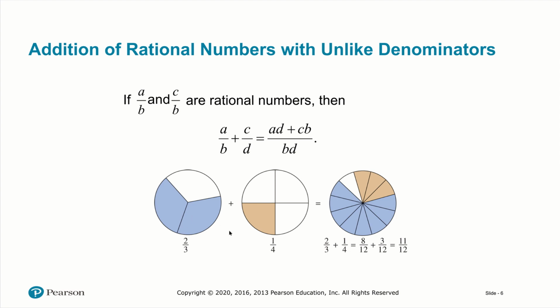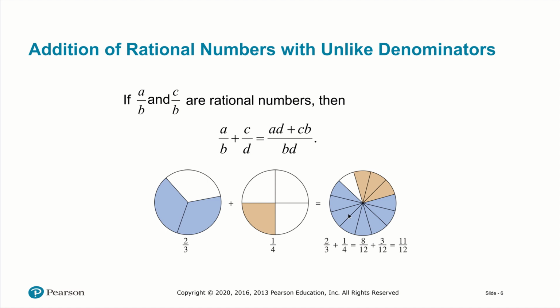So here we can see 2/3 being added to 1/4. This is going to require us to break both of these up into 12 parts, which is a common multiple of 3 and 4.